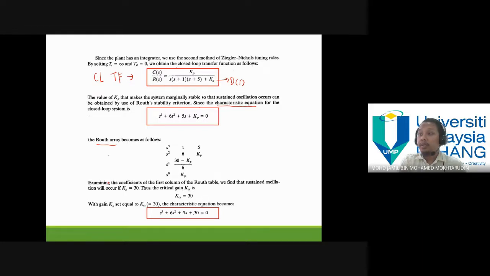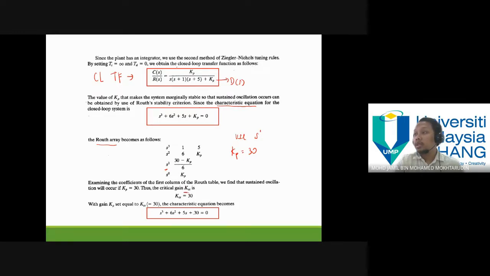Examining the coefficients of the first column, we find that the sustained oscillation occurs at row s1. So using row s1, we get Kp equals 30. So Kp equals 30 is actually the critical gain value, KCR.